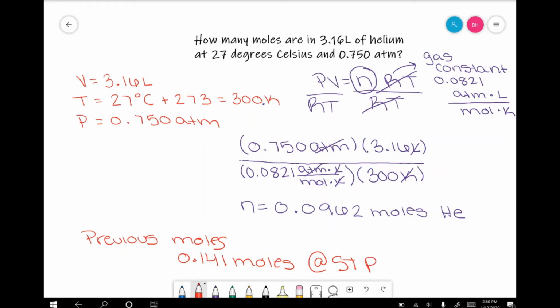The big thing is that our pressure is lower, which means that there's going to be fewer moles of gas within whatever it's in, a balloon or a rigid container, which are going to exert fewer amounts of pressure. Because remember, pressure is how many times those molecules hit the sides of the container. So if my pressure is lower, that means that I have fewer collisions, which means that I have fewer moles of gas.